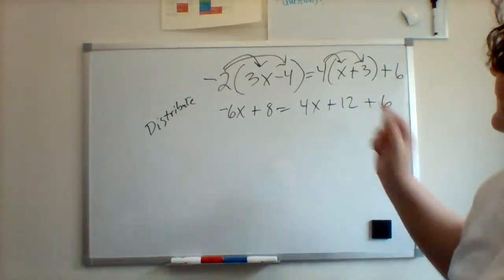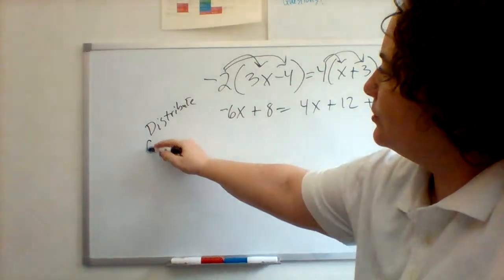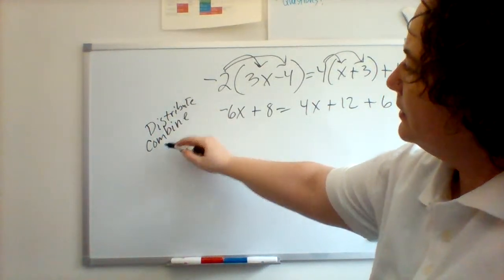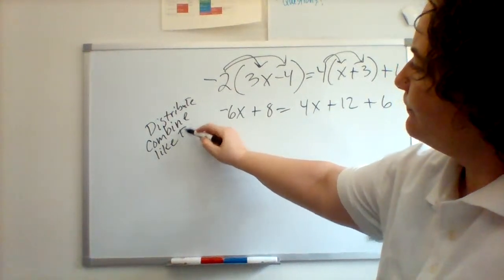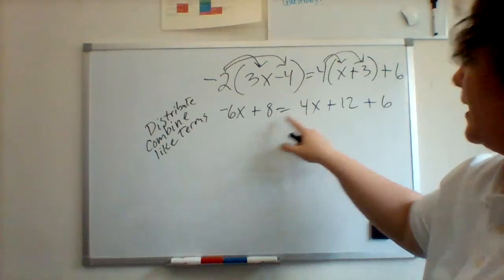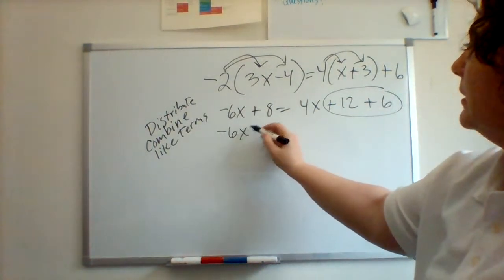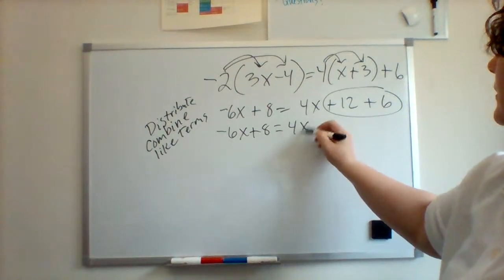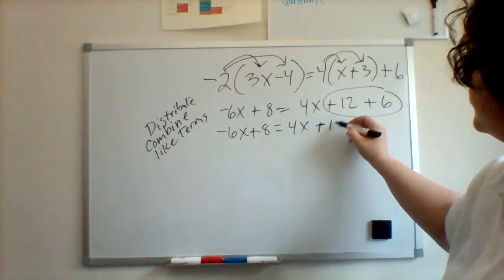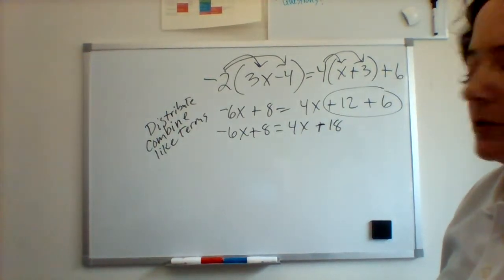All right, next step. After distributing, you want to look to combine like terms. So over here, there's nothing to combine, but over here, we could at least combine these two. 12 plus 6 is 18. Okay, next it's time to juggle.